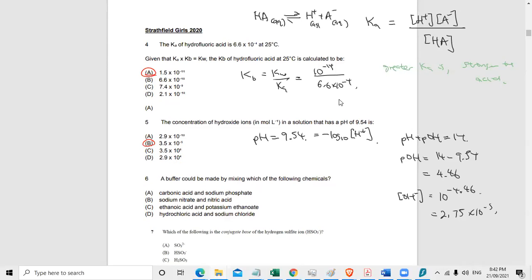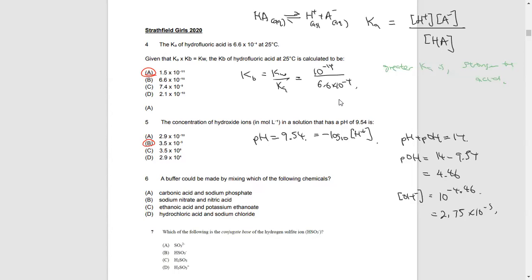Okay, so I'm not sure why this question is here, but a buffer, which we'll review again tomorrow, can be made by mixing a weak acid and its conjugate base, and the conjugate base has to be weak.